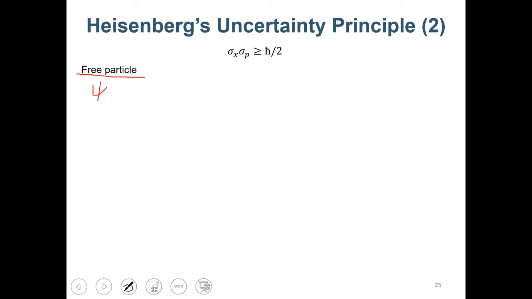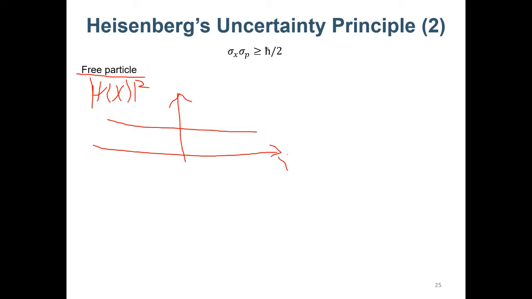Here we'll have, this is the x-axis, and this is the absolute square of the wave function, which means that this is the probability that the particle exists in the space.